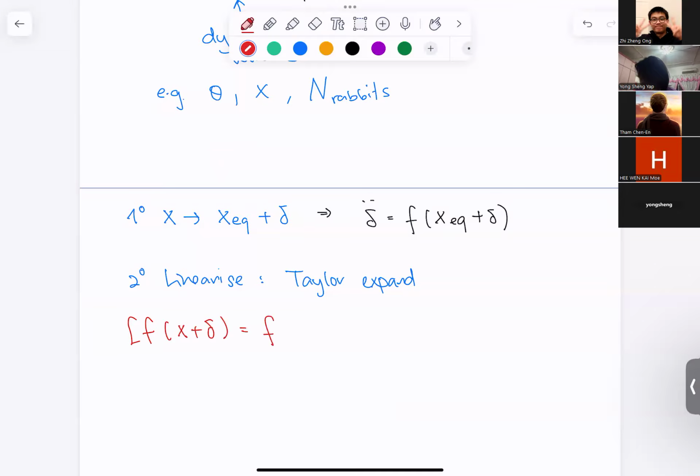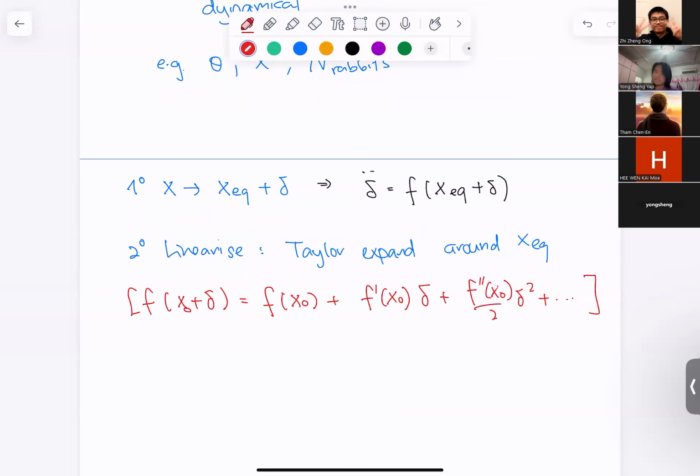f of x naught plus delta is equal to f of x naught, if I expand around x eq, the equilibrium point. This is f of x naught plus f prime, the derivative of the vector x naught, times delta, plus f second derivative of x naught divided by 2 times delta squared, plus blah blah blah.